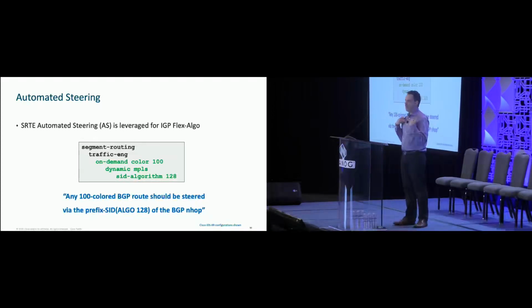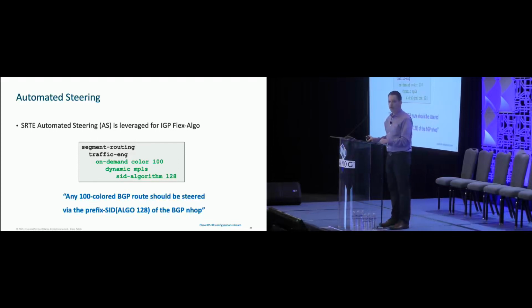I now have a service, a BGP service route, an EVPN or an IPVPN route that is coming with a color community. It's a color community with a value of 100. I know that if I receive 100, I want to reach the BGP next hop of that route using the flex algo 128 prefix SID of my BGP next hop. And I'm done.